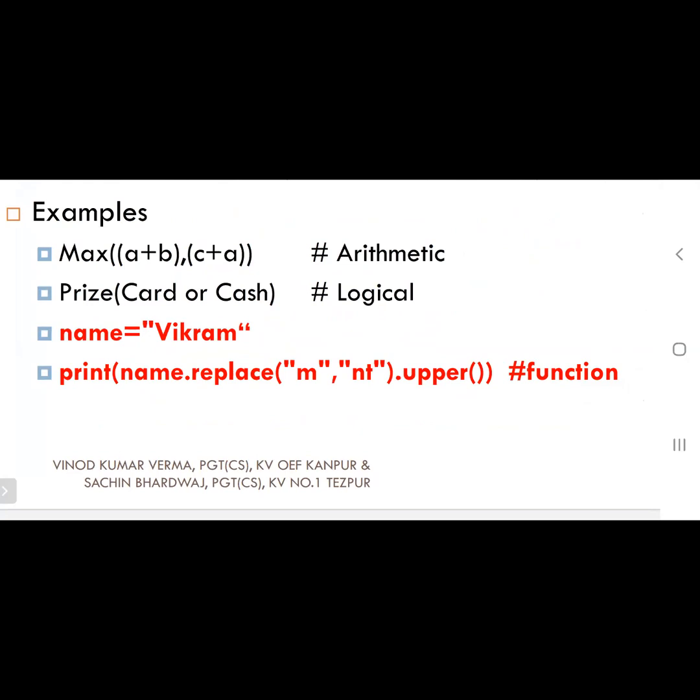For example, name equal to Vikram, but we need to change the letter M. Instead of M, we need NT, Vikrant. We need to make that change. Then dot upper function. Instead of writing 2 statements, first one replace, and the second line the upper function, we are writing a single line itself. That is called composition of statements.